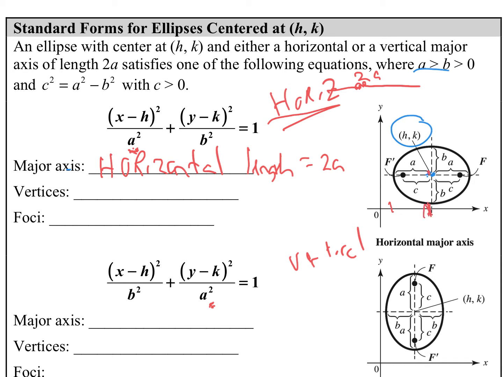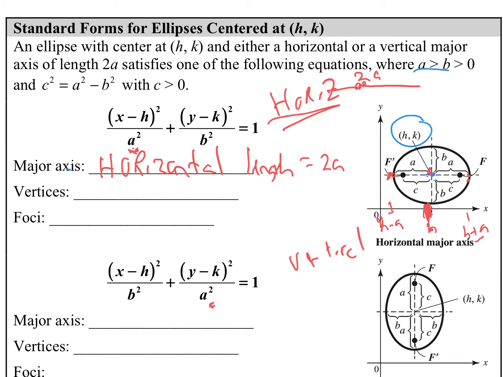Once you're at h, that's the x number, you will add a to it. This x is h plus a. The other vertex is h minus a, because you're going to go a this way.